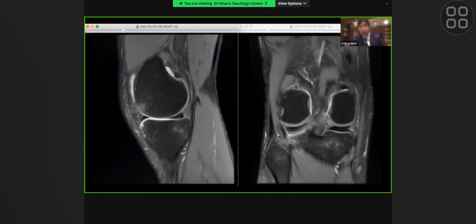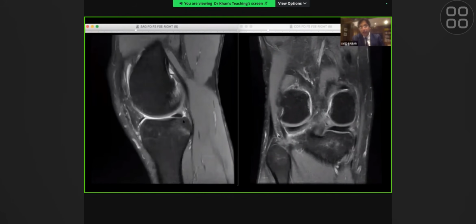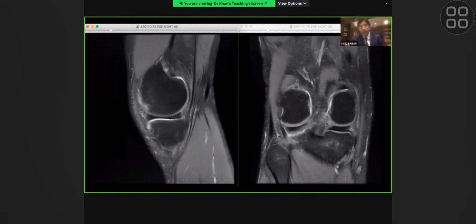A ramp tear is a sort of vertical tear of the junction of the body with the posterior horn or the capsule. Because of the mechanism of injury, this meniscus pops out, hits the back of the tibia, and goes back in. As it does this, it causes a vertical cleft tear. In any case, we will look at it. I haven't convincingly seen any on the medial side, but we picked up the bone contusion.